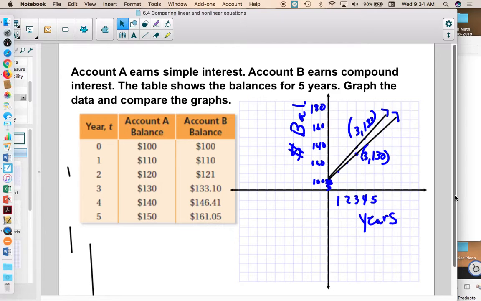How much money do you have? Now I have $110, and 10% of 100 is 10, but 10% of $10 is 1. So there you go, now I have $121.